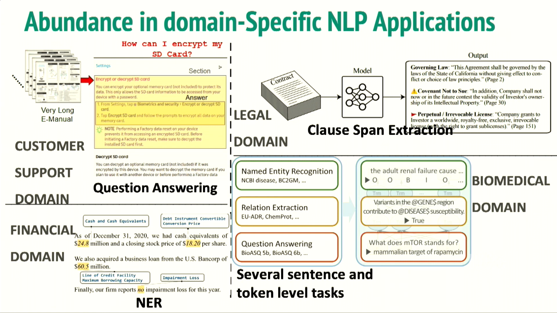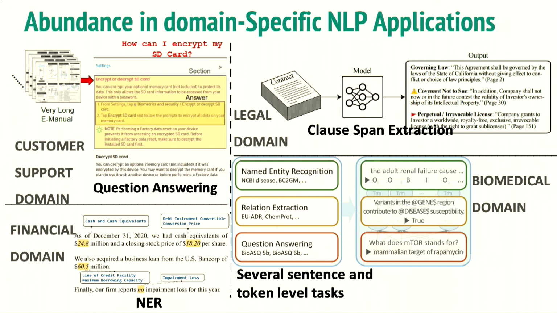Financial experts understand that this is a debt instrument convertible conversion price, which is a very technical term. But now we want the machine to give us back that this number actually is referring to debt instrument convertible conversion price. So this is a task.